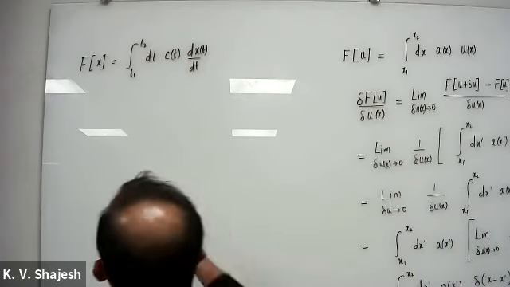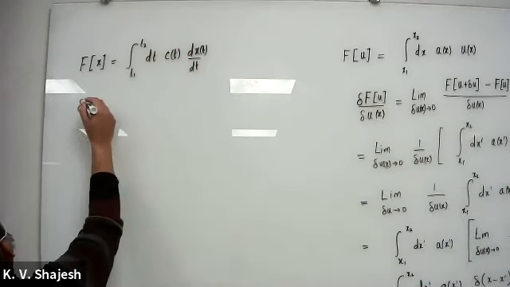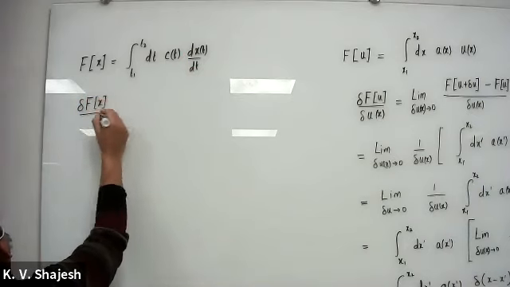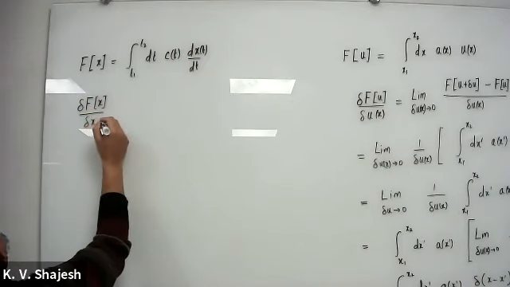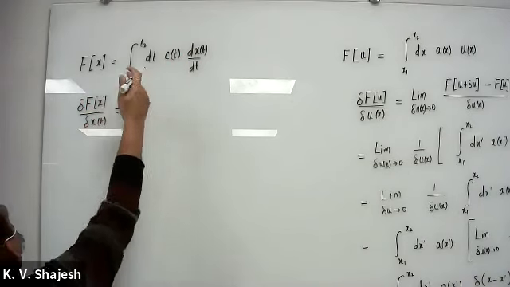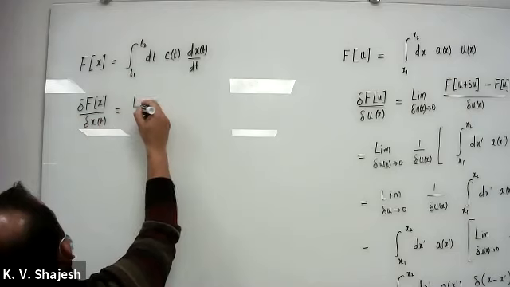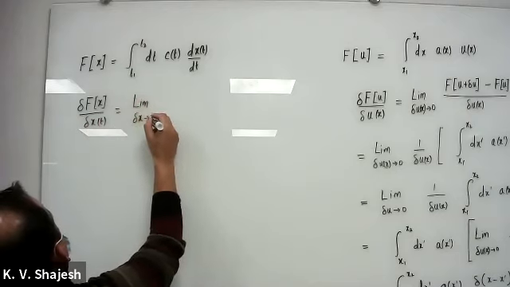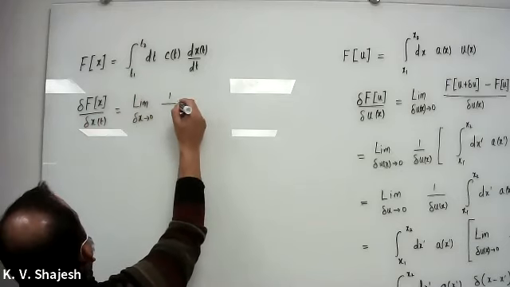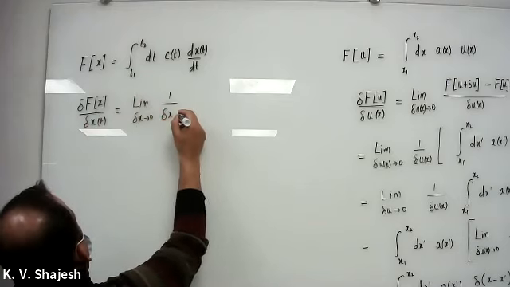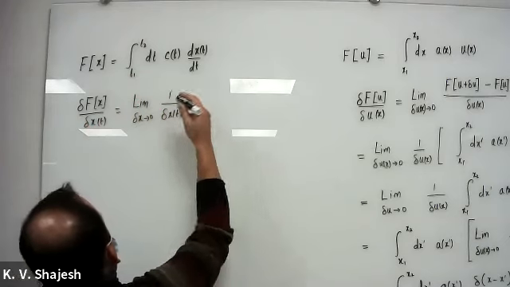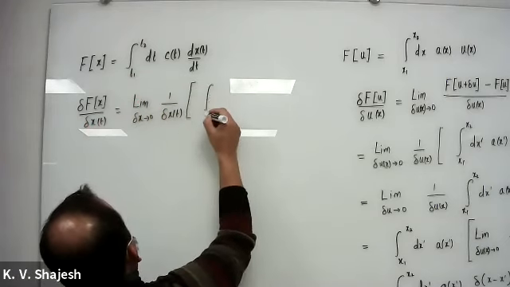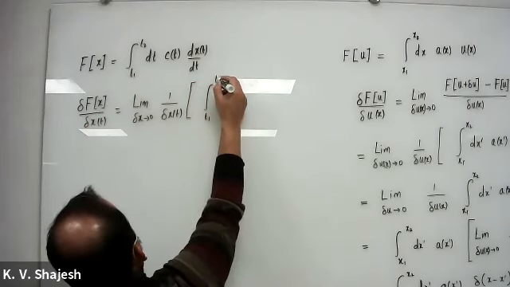Same idea as earlier. If I'm taking the functional derivative, since we have done this a number of times, if I jump a few steps, this will lead to the limit as delta x tends to 0 of 1 over delta x of t, or rather, the difference between the two.